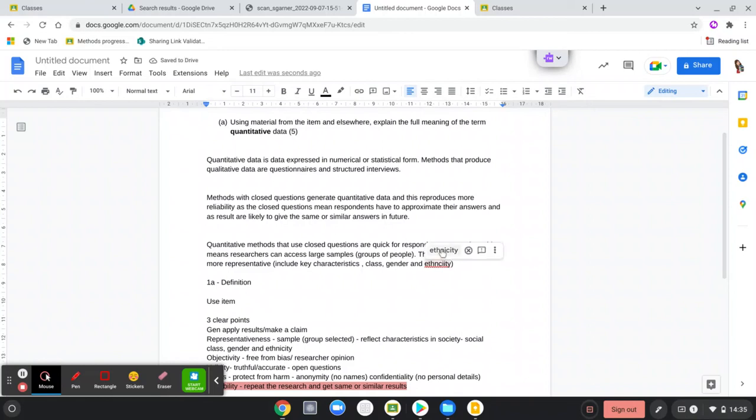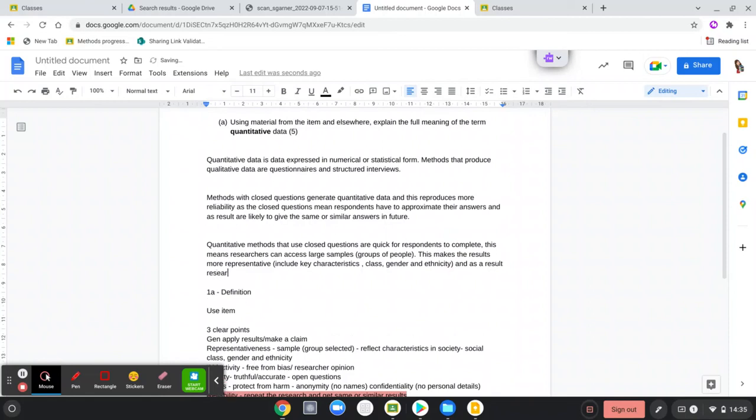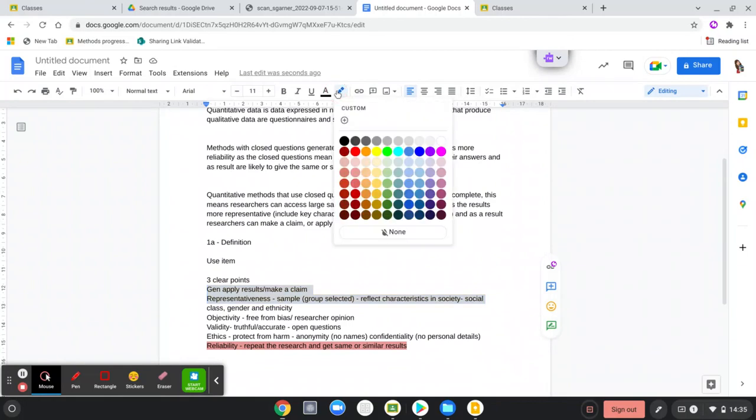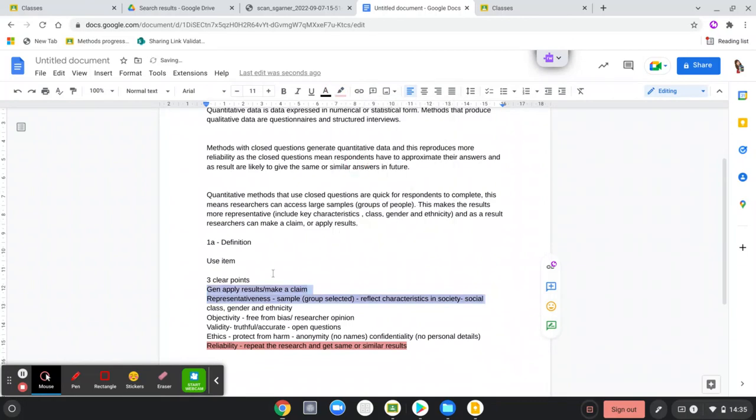And as a result, researchers can make a claim or apply results. That is the rep and gen clear point. It doesn't matter that I'm mentioning closed questions again because I'm linking it to a different term in Grover.